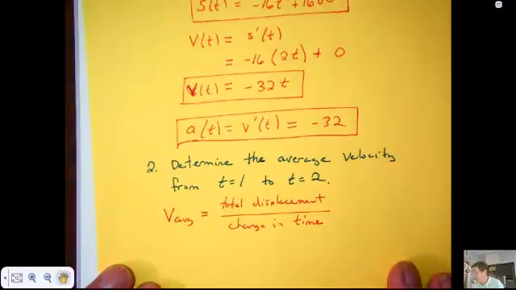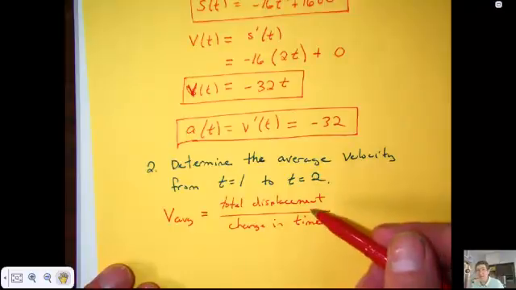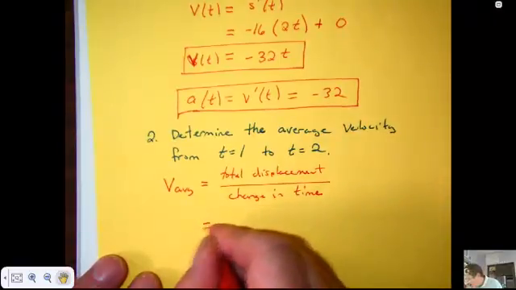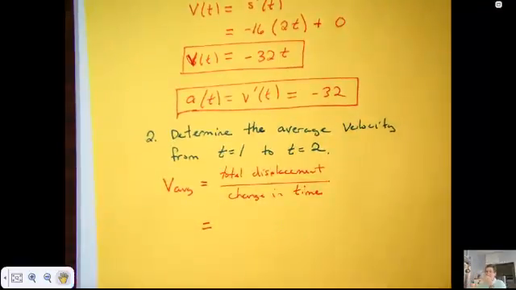Right, it's how far did the rock move in that particular time. So how do I find this displacement here? How do I find how far it fell between 2 and 1 seconds?